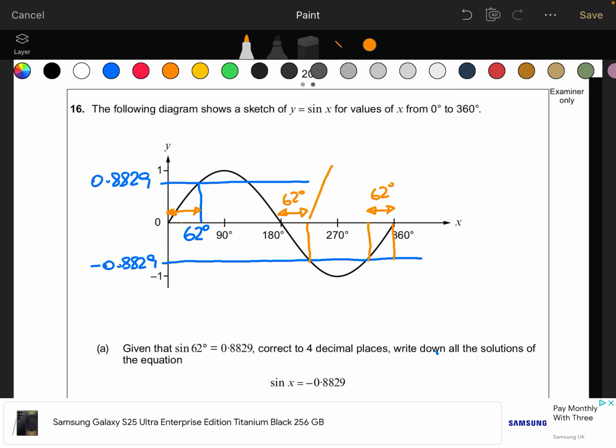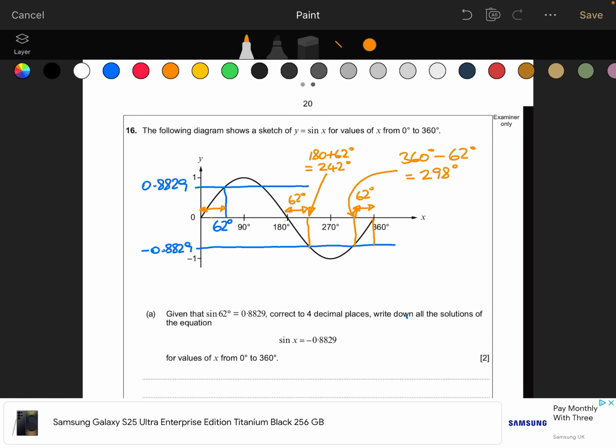So this value here must be 180 plus 62 degrees, which is 242 degrees. And this value here must be 360 degrees minus 62 degrees, which is equal to 298 degrees. So my two answers are 242 degrees and 298 degrees.